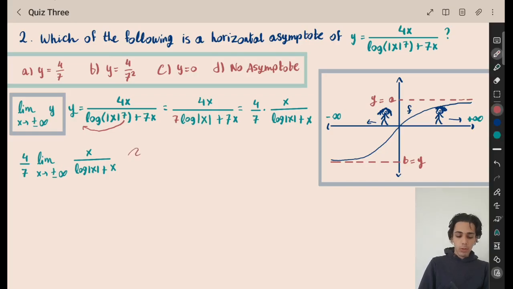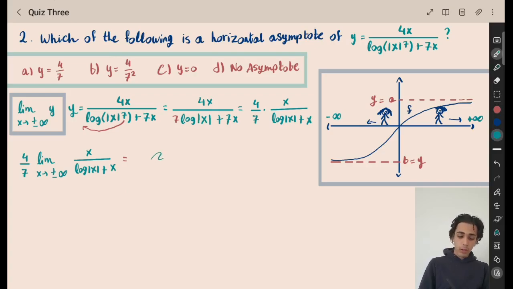And immediately, well, this might not be immediate for many people, but we will see that the fastest growing term here is x on top, and the fastest growing term on the bottom is also x.